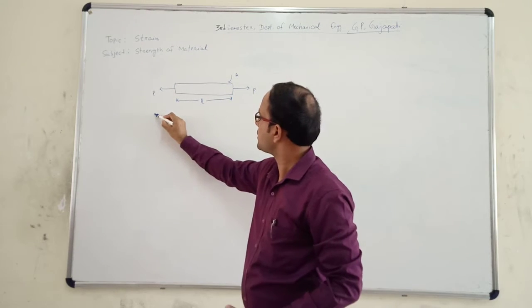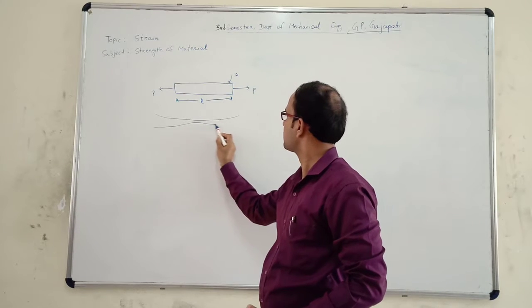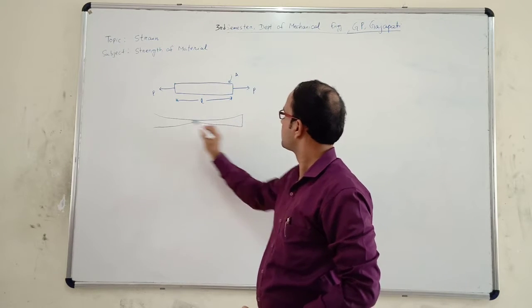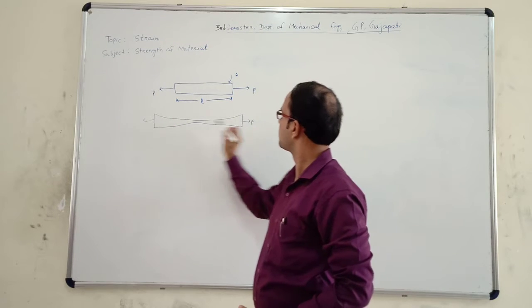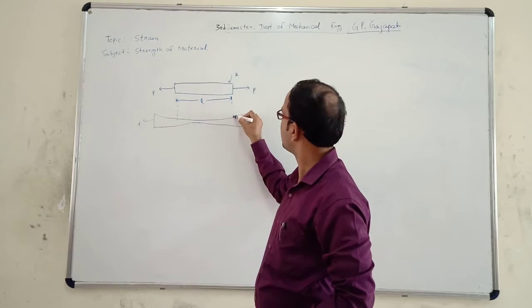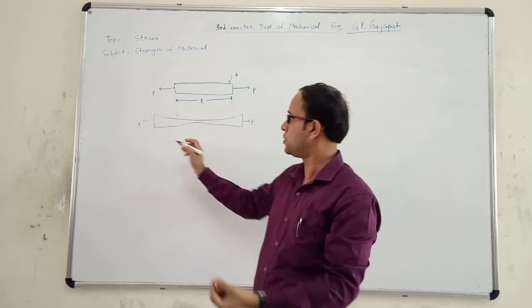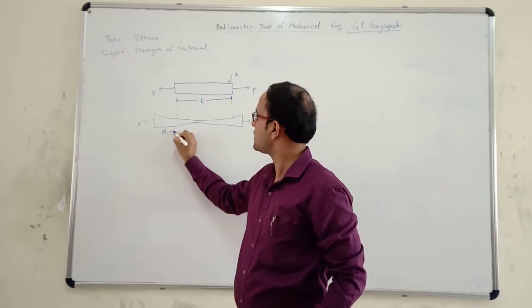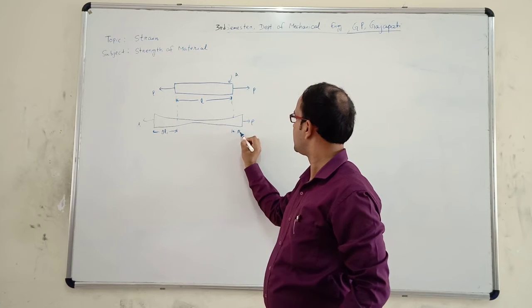So let it deform like this. Originally the length is this much. Now after the application of tensile force, let this be the change in length, and here the change in length.